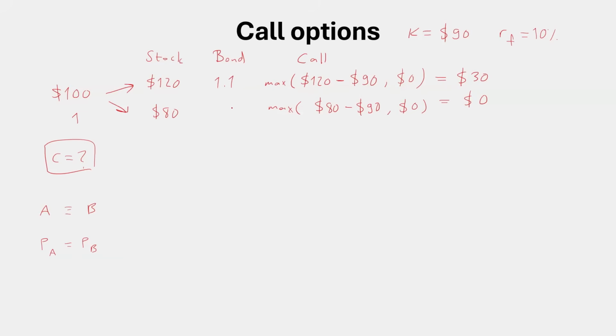Okay? And will that depend on the value of the stock? No, it's because this is risk-free. Whatever happens to the stock price, the bond will always yield a return of 10%.